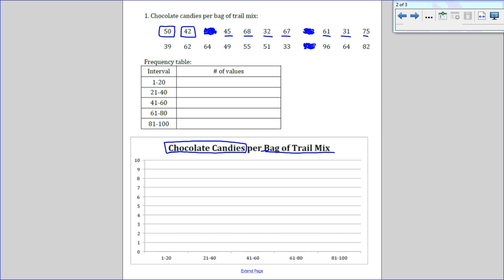So he tells the person that works for him, I want you to sample some trail mix bags, see how many chocolate candies are in each bag. Now, the employee could have just given his boss these numbers, but that doesn't really tell much of a story. His boss doesn't have time for all that. He needs to get a feel at a glance for how many chocolate candies are in each bag of trail mix.